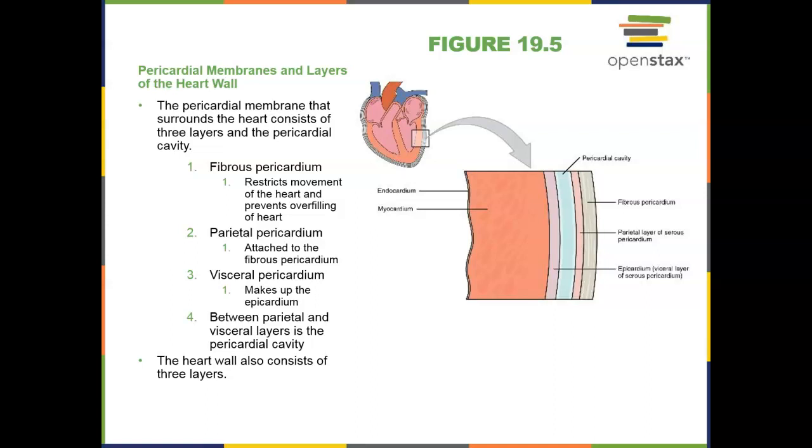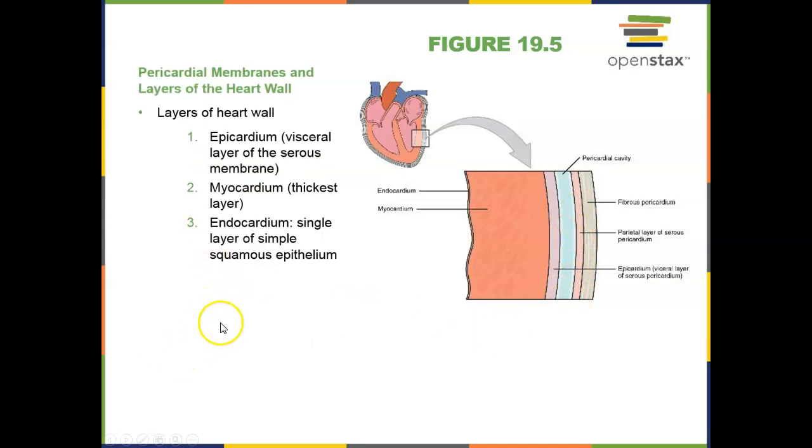It actually makes up the most external layer of the heart, the epicardium. Between that parietal and visceral layer, we have the pericardial cavity, which contains serous fluid. And this is what allows our heart to beat without the pain or friction.